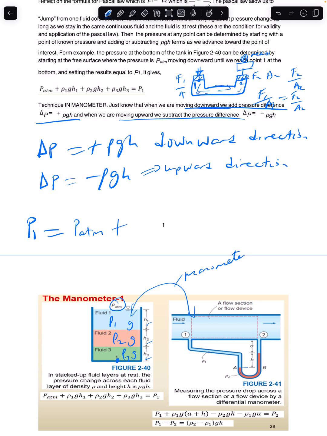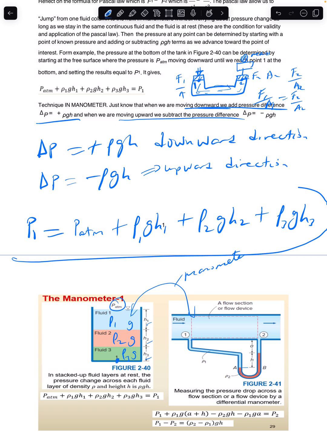Plus what? Because the fluid is moving downward, we have positive pressure difference. Density of fluid 1, G and H1. Plus what? Density of fluid 2, G, H2. Plus density for fluid 3, G, H3. That is the pressure at point 1.